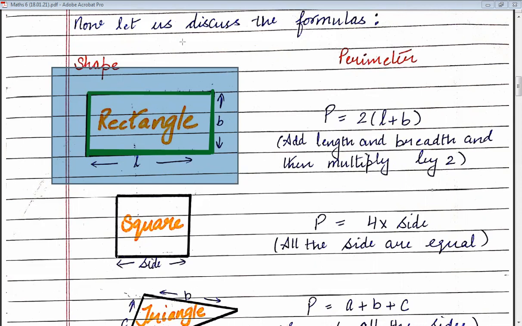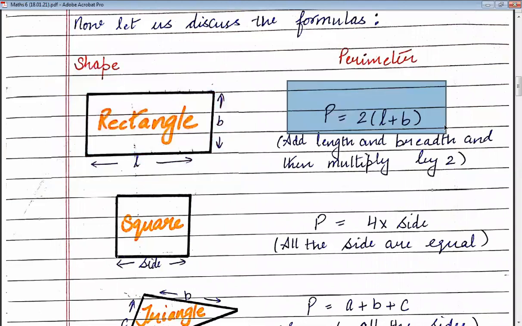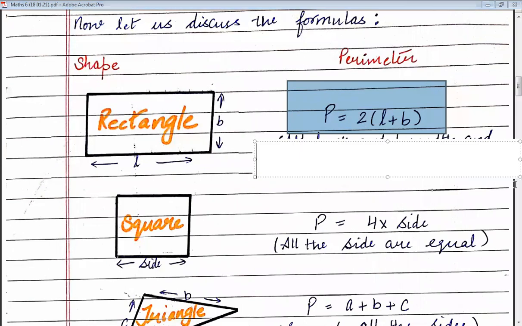But let us discuss the formula. Now children, the formula to find the perimeter of a rectangle is twice (L plus B). What is the formula? Twice (L plus B). Now children, in this, first you will add your length with the breadth.